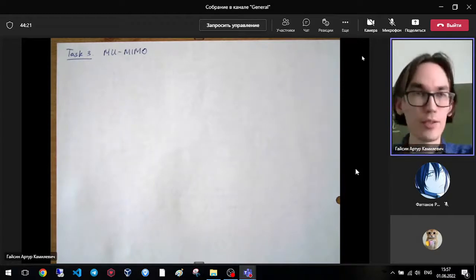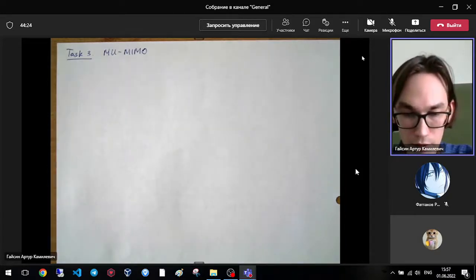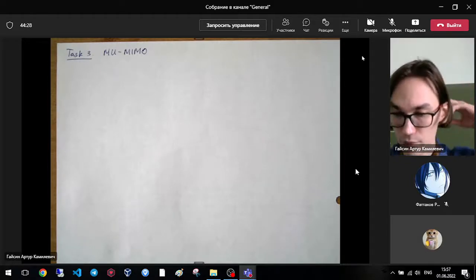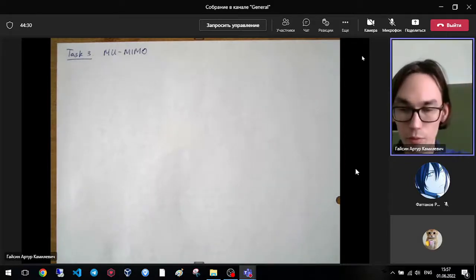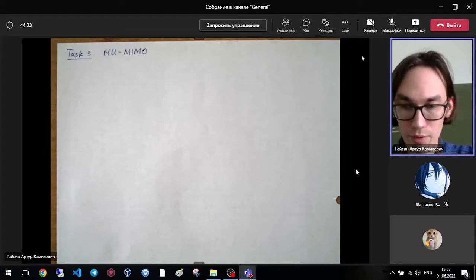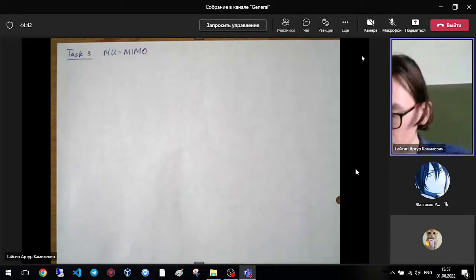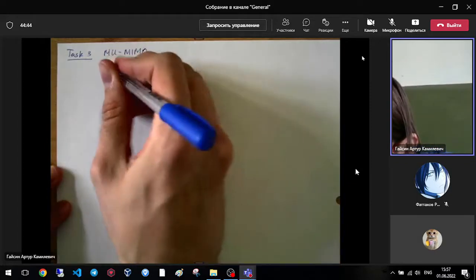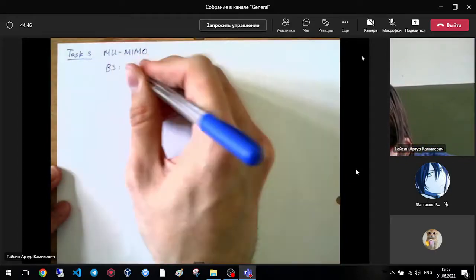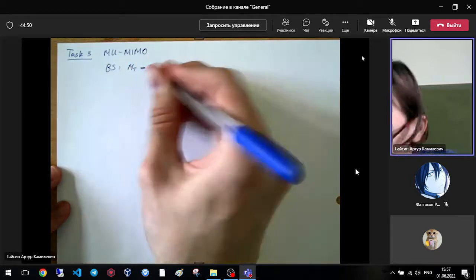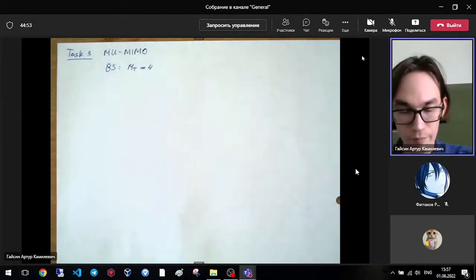So here we consider a multi-user MIMO system where the transmitter is a base station. So it is the downlink case, which is considered in our lectures. And this base station has the number of transmit antennas equal to 4. So our base station has number of antennas MT equal to 4.